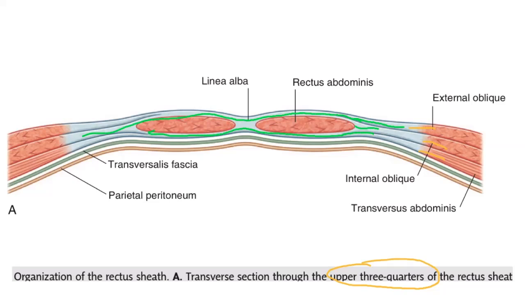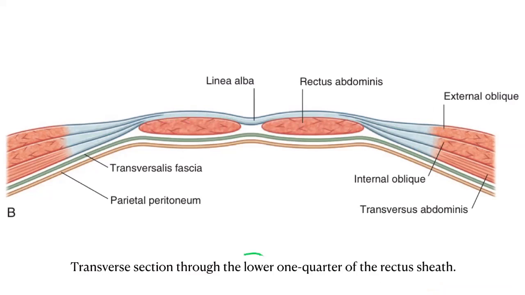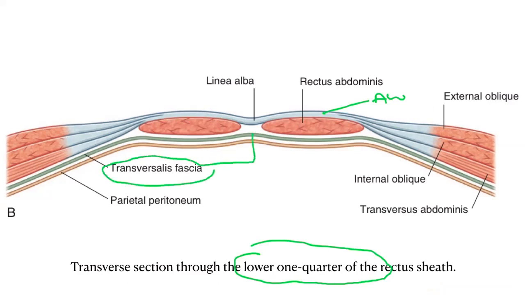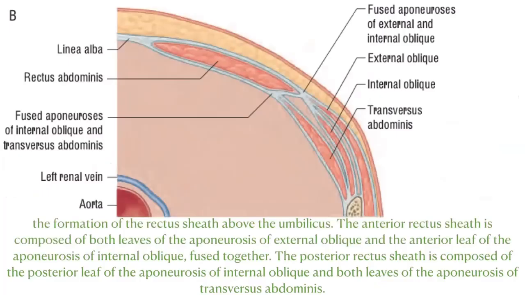Anterior and posterior walls are present there. Whereas coming to the lower 1/3 of the rectus sheath, there is no posterior rectus sheath, right? This is the anterior wall. There is no posterior wall, right? Directly transversalis fascia is there. That means there is no rectus sheath to enclose the rectus abdominis muscle, right?